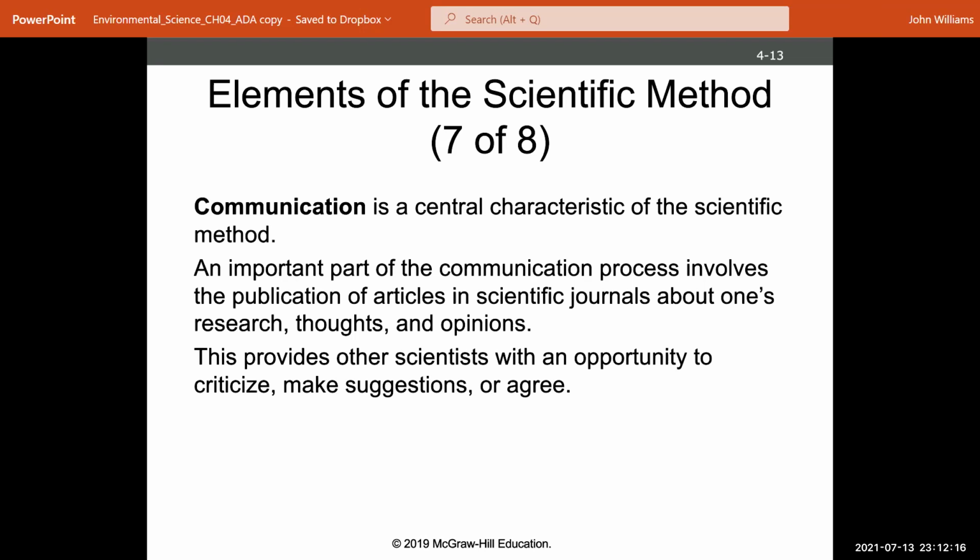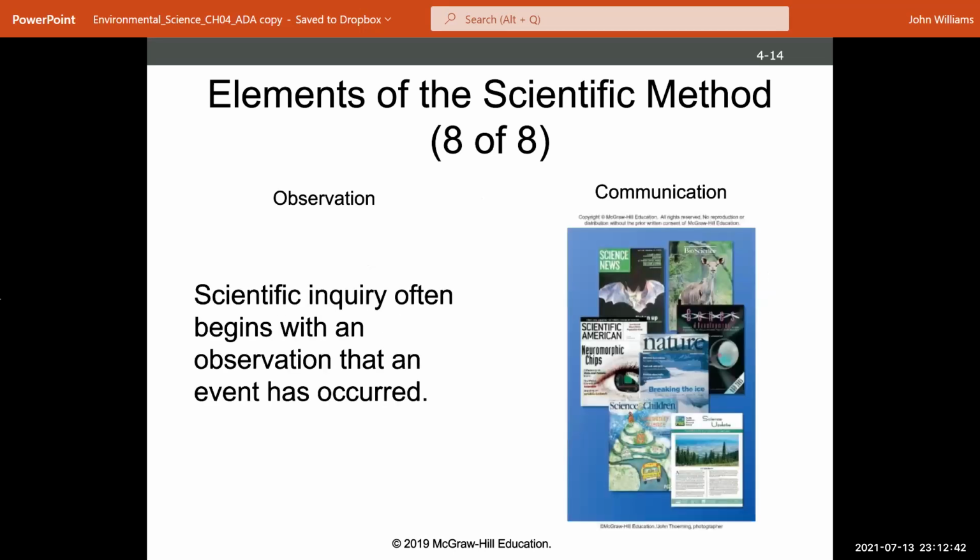So this peer review process is one of the most rigorous forms of publication for scientific work. Whereas, things like news articles, or some magazines, they can contort and distort the message that a scientist may be trying to give, and word it in a way that's not correct.